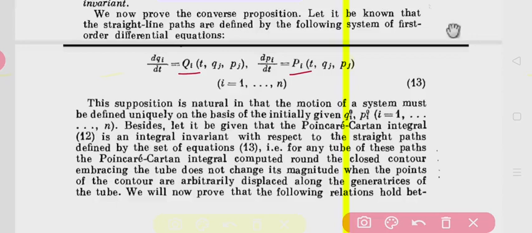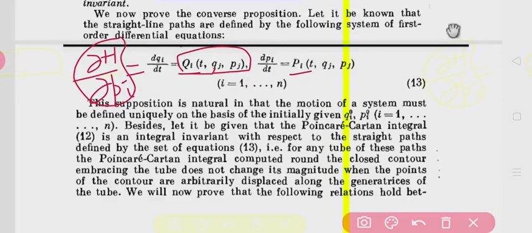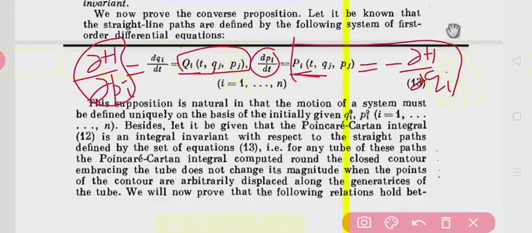So what do you have to prove? You know that qi dot is equal to curl h over curl pi. That means you have to show that capital Qi is equal to curl h over curl Pi. And pi dot is equal to minus curl h over curl qi, so you have to show that capital Pi will be equal to minus curl h over curl Qi.